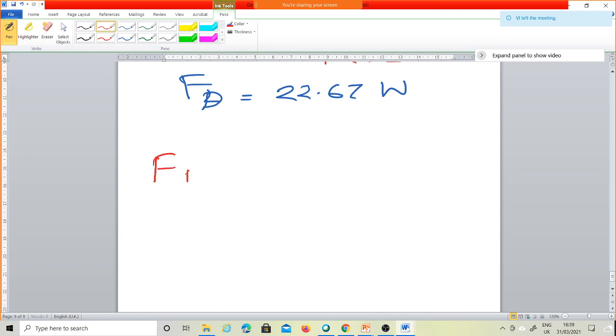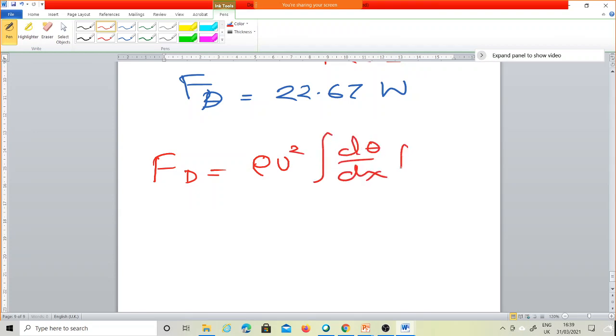So FD, the drag in this case, same as before. When you solve the problem you will see, oh, this is the same thing, and you can write it down at an instant. You have rho u square, you have b, and dx will cancel out, integration from 0 to L of d theta.